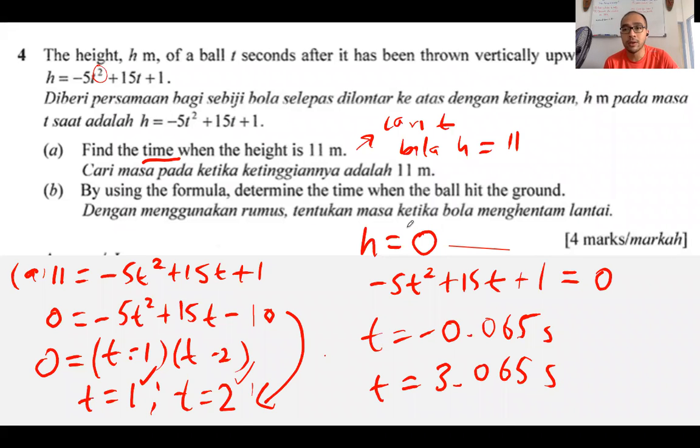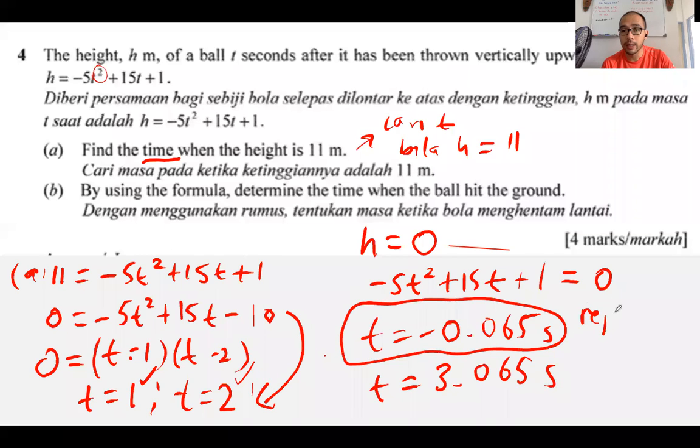There's no complicated calculation. It is just a very, very basic understanding. But the problem here is that only one answer can be accepted. And obviously this one will be rejected.